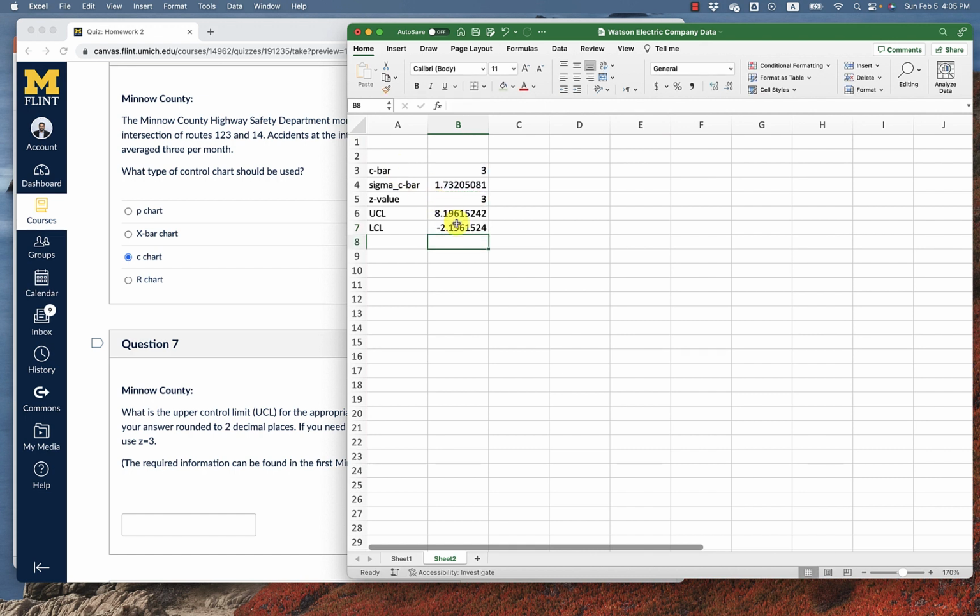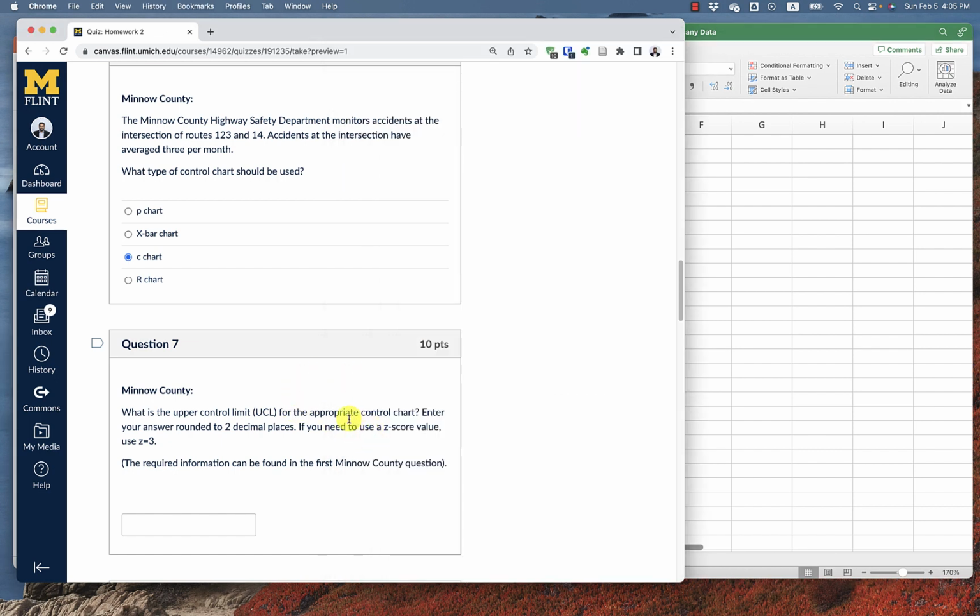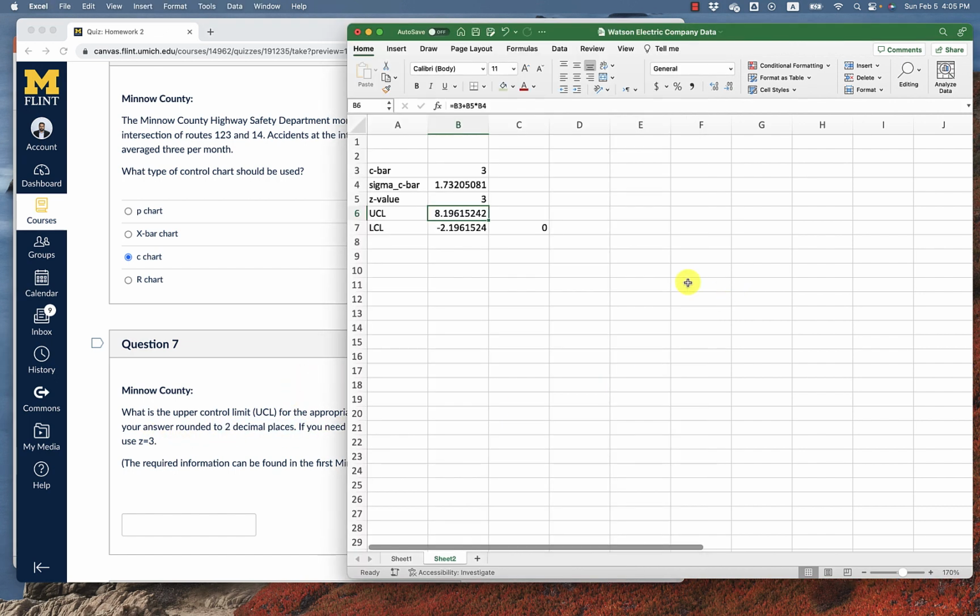This gives us a negative. Now remember, counts usually cannot be negative. You can't have negative 2 accidents in a month. And so because negative numbers don't make sense in this case, this will become 0. So the upper control limit to 2 decimal places will be 8.20, because the 6 will round the 9 up to a 10, which will make the 1 become a 2.